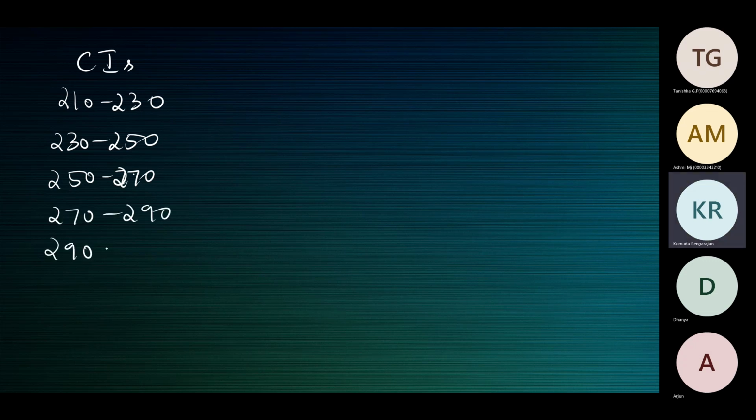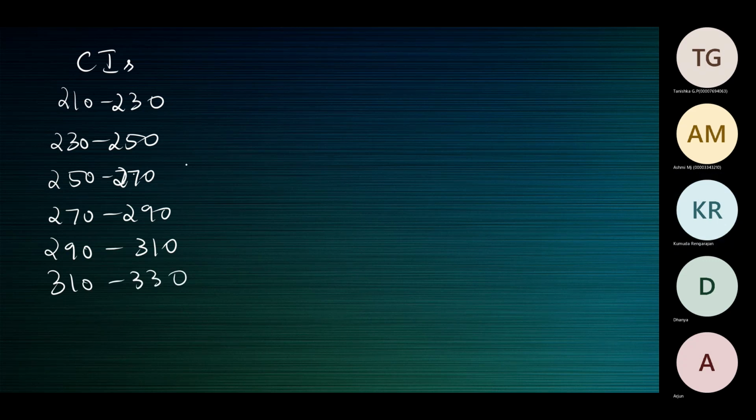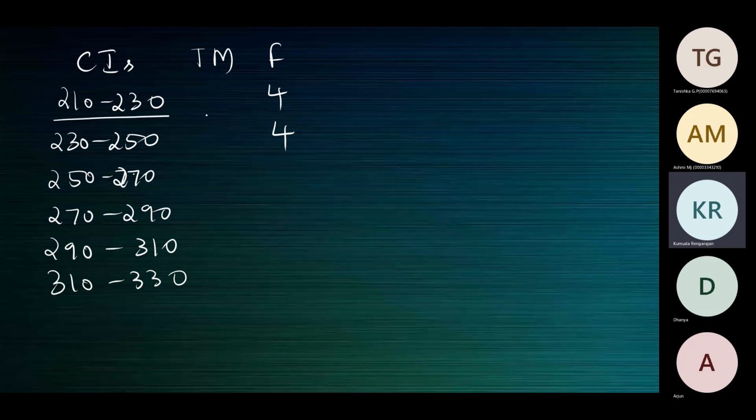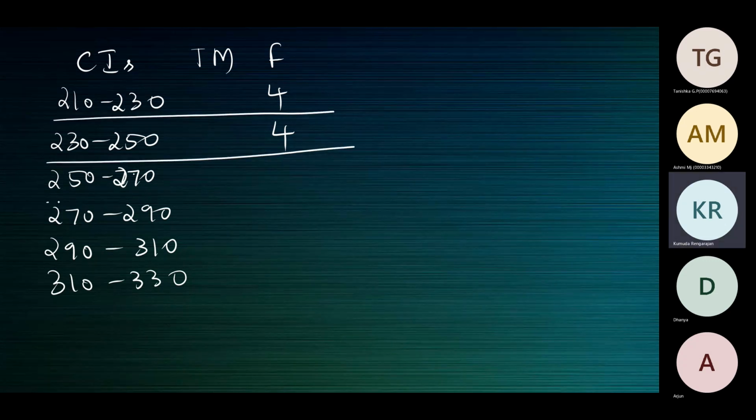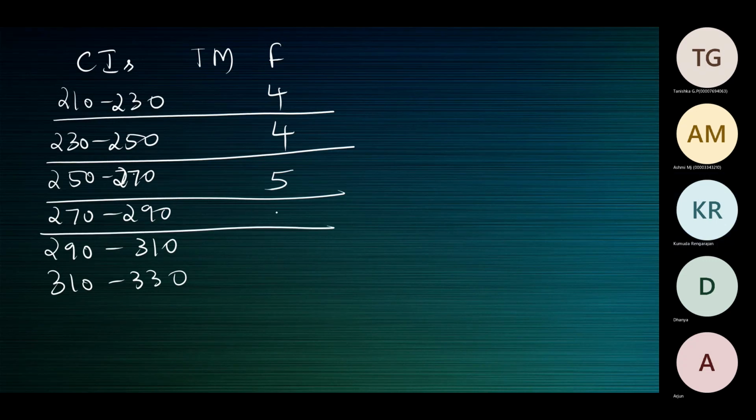And what is your last class interval? 310 to 330. Very good. Now you will have the tally marks column. I'm not filling in that. Tell me the frequencies. 4, 4, 6, 3, 6, 5, ma'am. Please check.